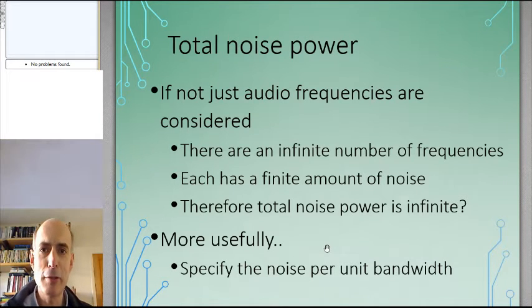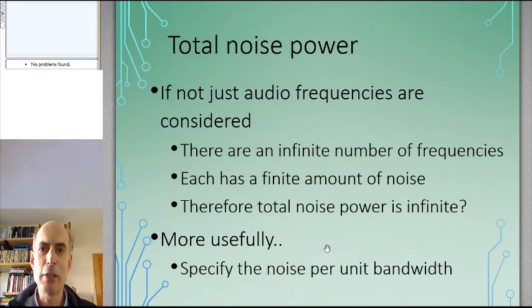The important thing for us is to note that trying to specify the total amount of noise isn't a particularly useful thing to do, because for any application, we're not interested in the noise across every single possible frequency. In those plots that Audacity did, we were only looking at the noise in audio frequencies.